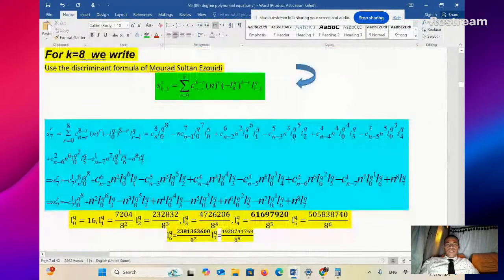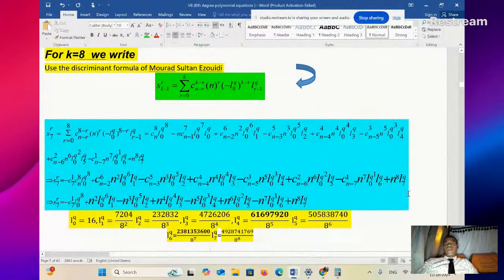Okay, now substitute k equal 8 in the discrete formula, which is S subscript k minus 1 over r equals the sum from 0 to k of the combination n minus r, n is 8, 8 minus r, n is 8, 8 raised to the power r, between parentheses negative 1 raised to the power k minus r times l r minus 1.